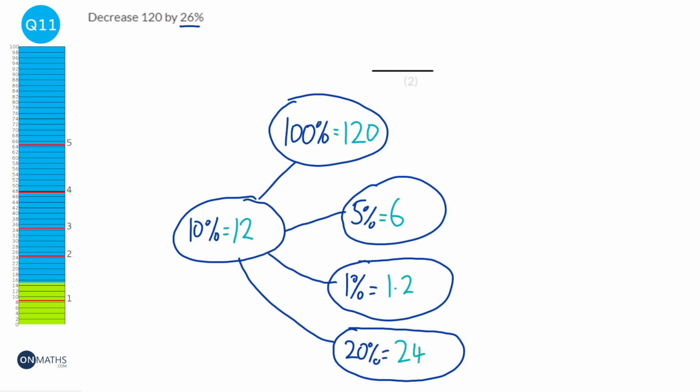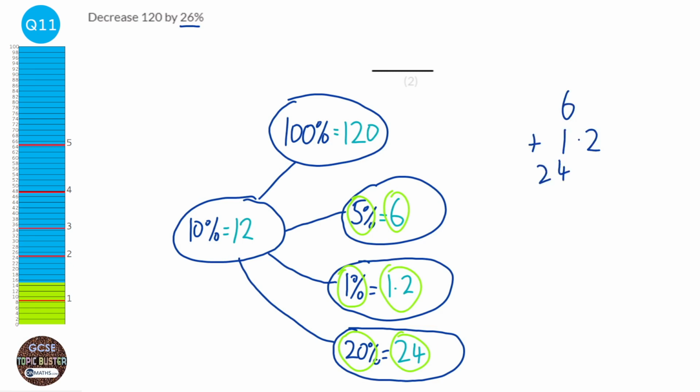So to work out 26%, we need to add these together to get to 26. So we've got a 6, a 1.2, and a 24. And we're adding them together. And that would be 11, so carry the 1, and that would be 3.